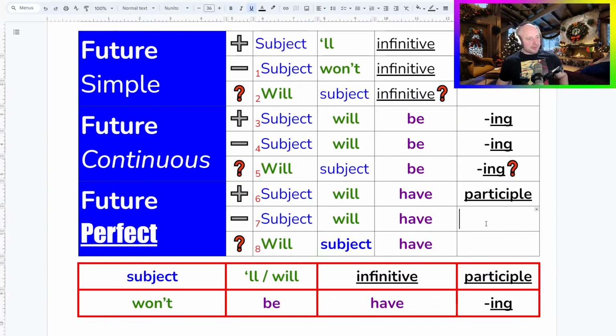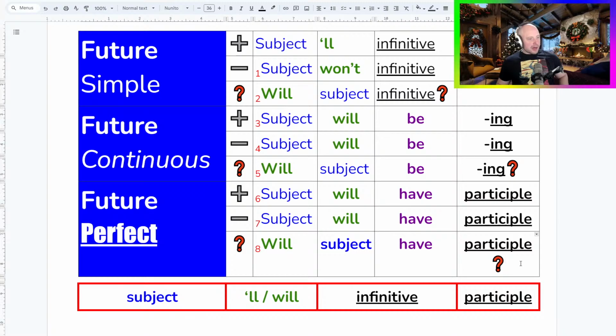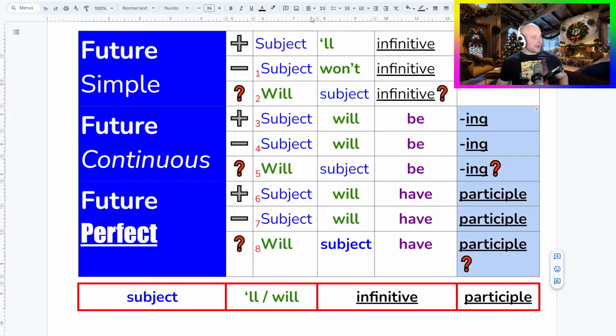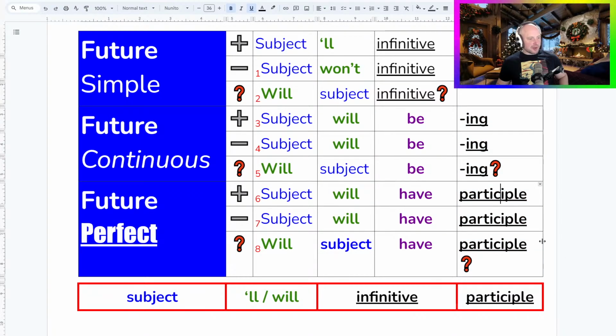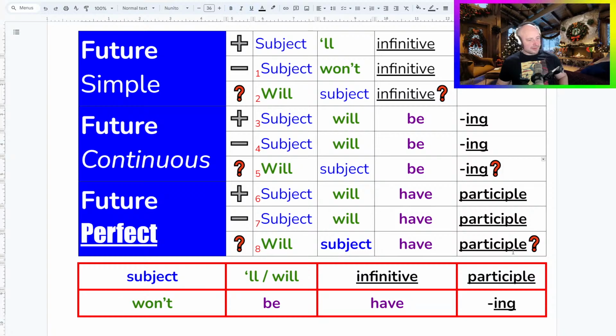And for the future perfect, we're going to end with the participle, which is the past participle. The past participle, not the present participle. But for me, I never use the term present participle, so if I say participle, then it is the past participle. All right, that looks pretty good, doesn't it?